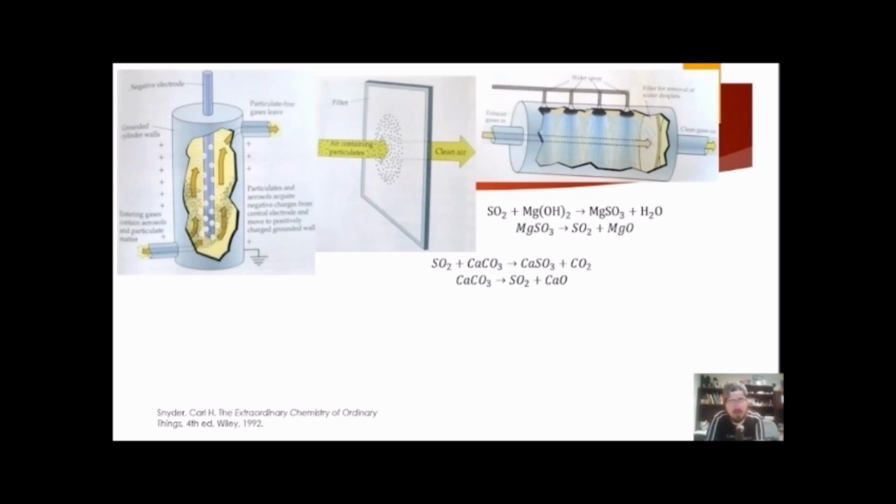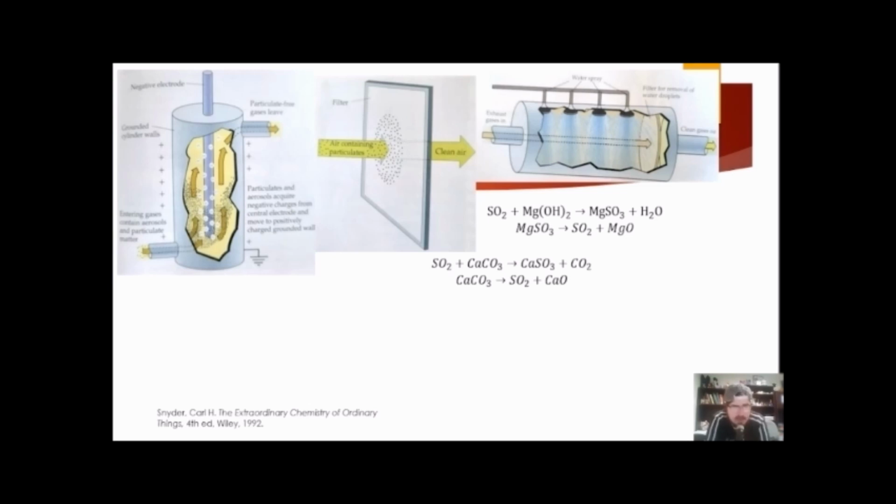But what happens? We run the gas in, we have an electrically charged center electrode. Now the electrons from there charge the solids and the aerosols, and they become attracted to the positively charged walls of this.